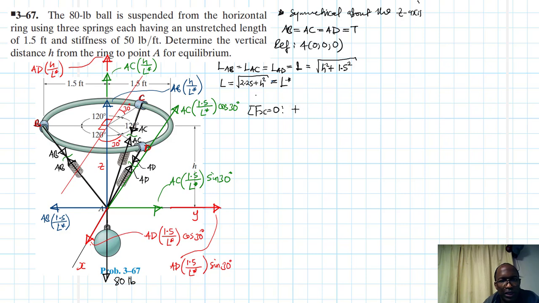So I'll start with AC: 1.5 divided by L star AC cos 30, this is a minus, then plus 1.5 divided by L star AD cos 30, equal to 0. When you look at all this, everything else will cancel. Therefore, you expect AC to just be equal to AD as initially predicted because of symmetry.